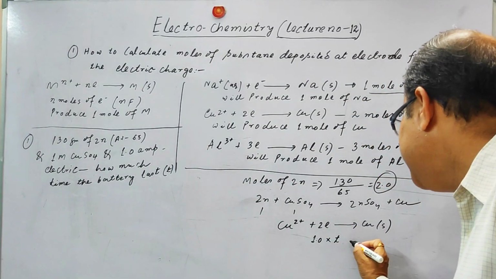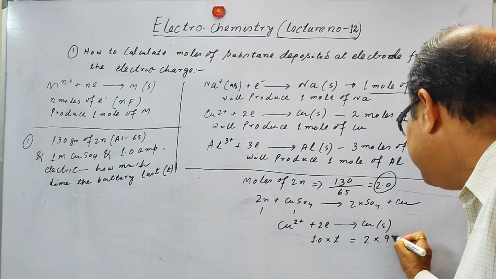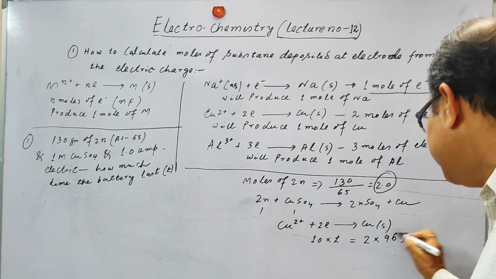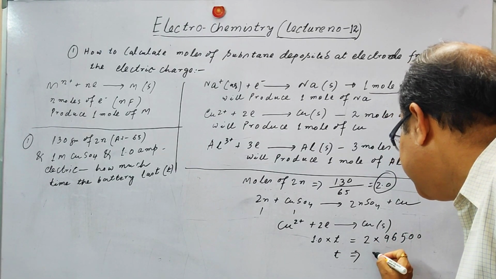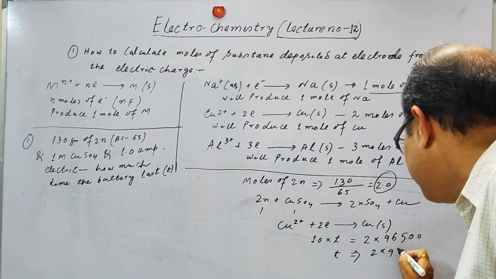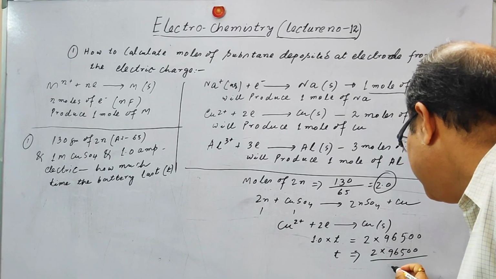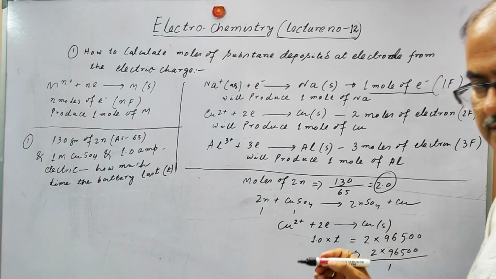We have to calculate T, for which this cell will produce this amount of electricity. So T equals 2 into 96,500 divided by 1. This is basically in seconds.